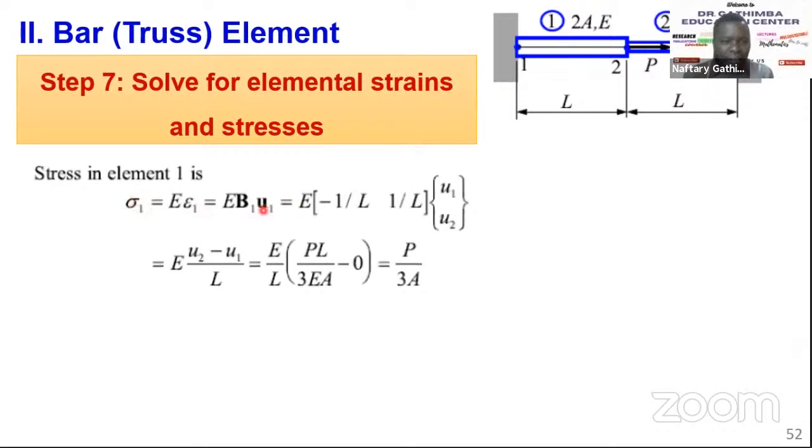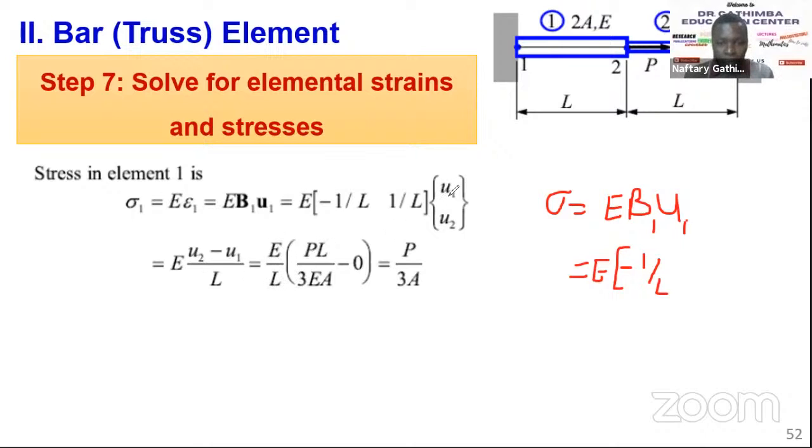We defined the stress in terms of strain, Young's modulus times strain, and the strain was defined in terms of the strain displacement matrix B times U1, U2. And remember, we derived from first principle what B is: minus 1 over L and 1 over L. So you can get the stress to be E over L times U2 minus U1.